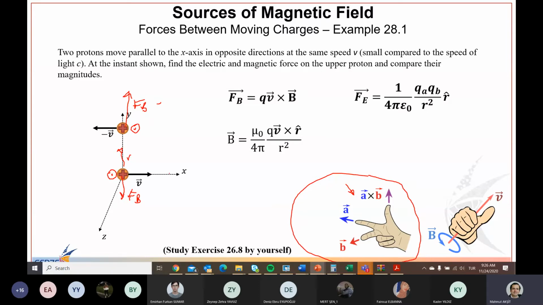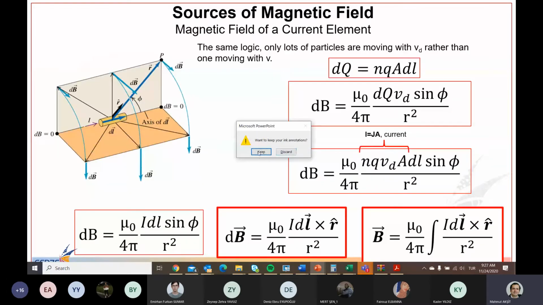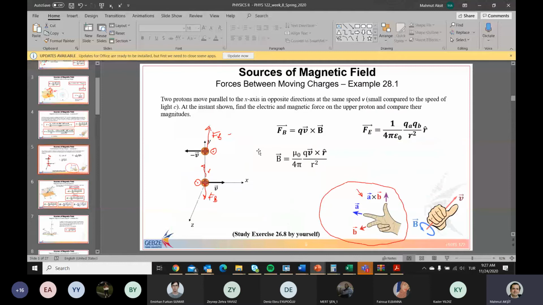And for the value of FB, let's calculate that. FB is qvB.